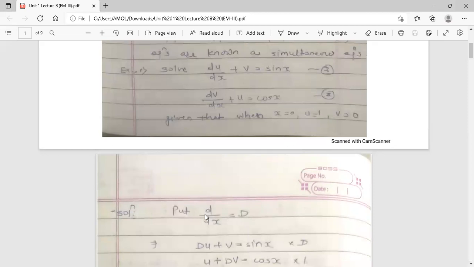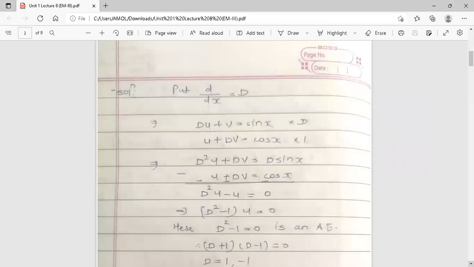You put d by dx equal to capital D, so that your equation 1 reduces to Du plus v is equal to sin x. And in the second equation, d by dx is again capital D, so d by dx of v is Dv. Dv plus u is equal to cos x. So the equations reduce to this. Now you remove either variable.